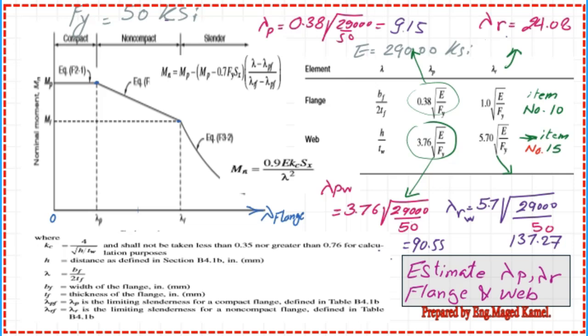The lambda B of the web equals 3.76 multiplied by the square root of 29,000 divided by 50 equals 90.55. The lambda R for the web equals 5.7 multiplied by the square root of 29,000 over 50 equals 137.27.